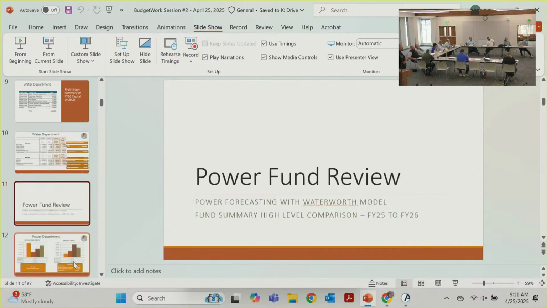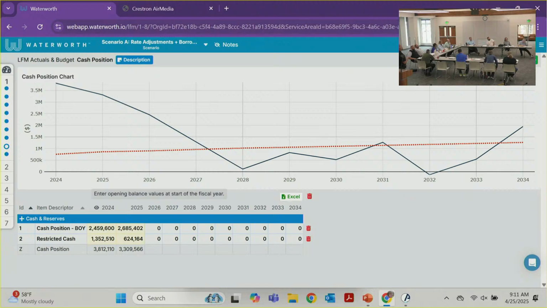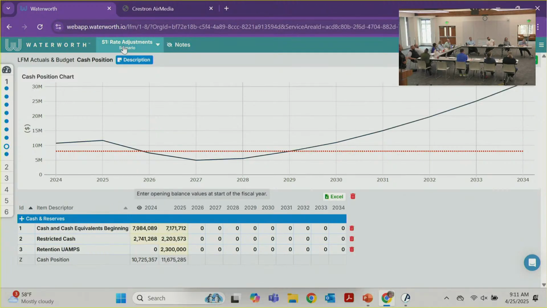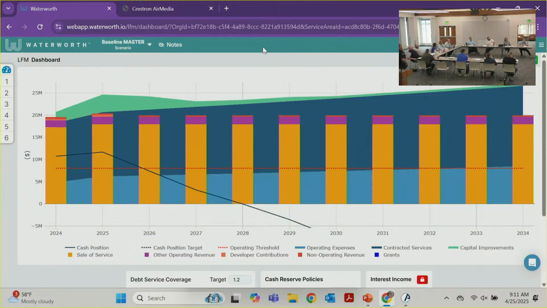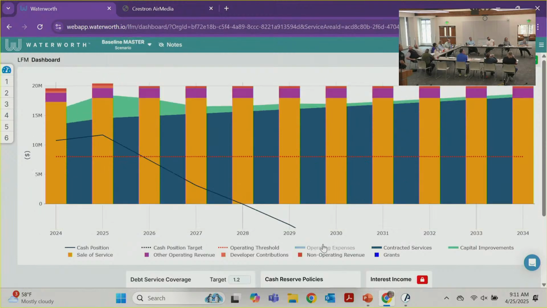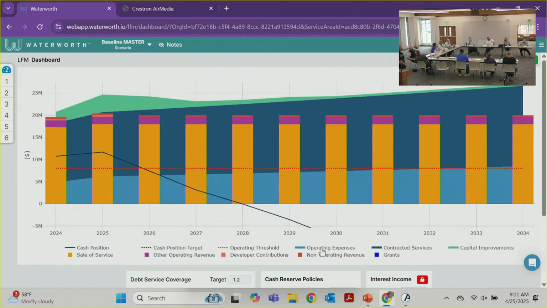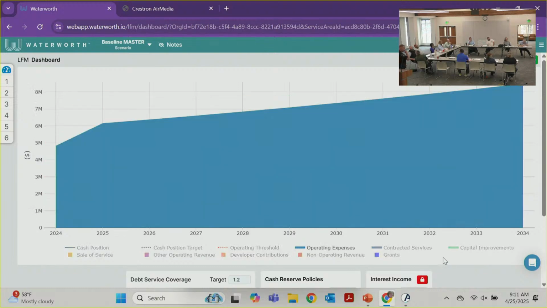Okay. So if there's no more questions on water, we'll move into power, which takes us back to the model. Here is power. I'll just build it again like we built water.